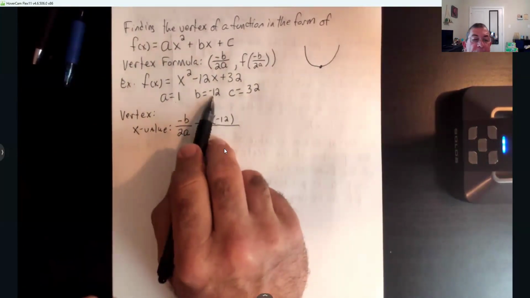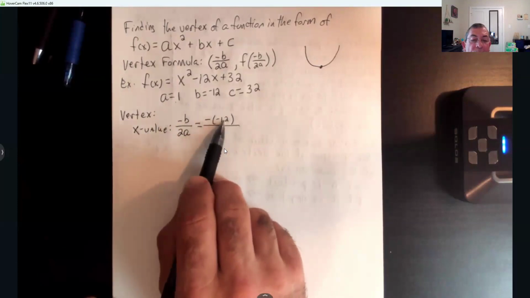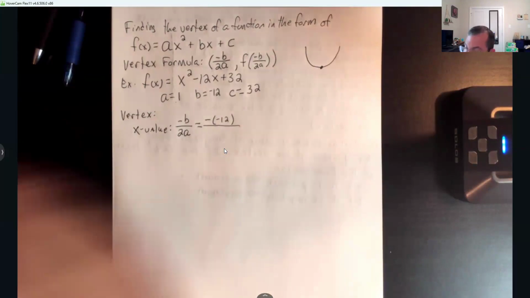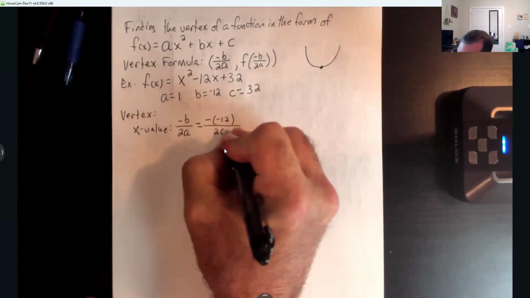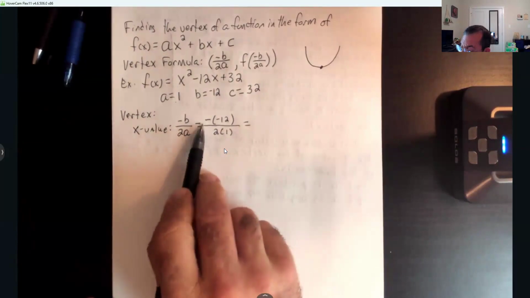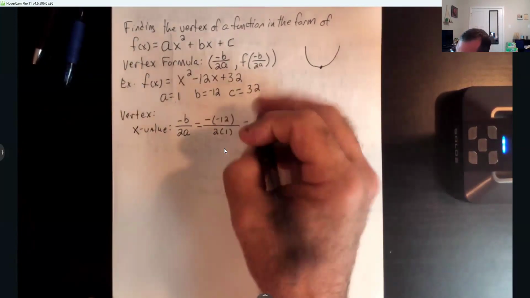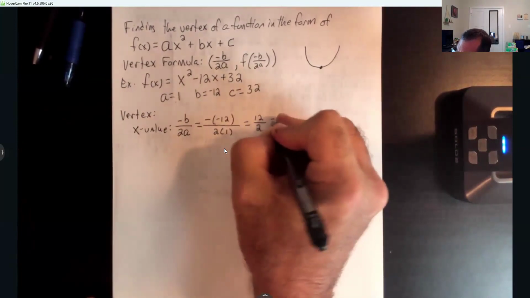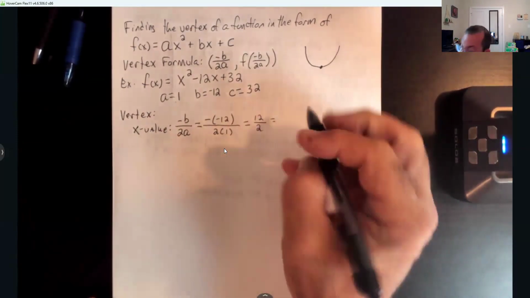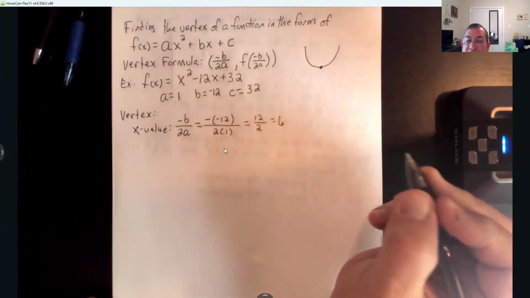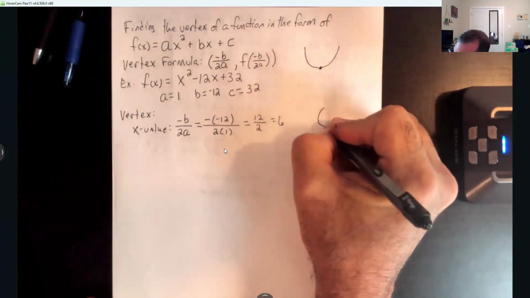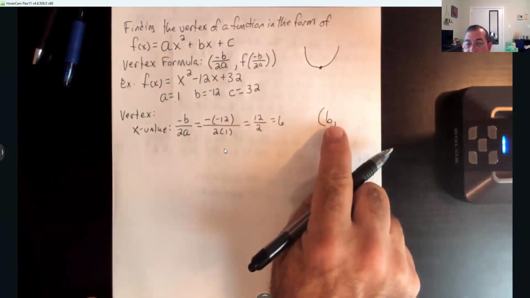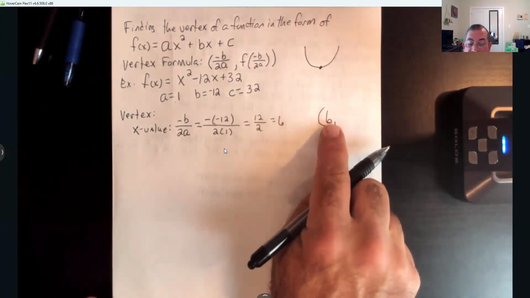If your b is negative, because of that negative, you're going to have two negatives here, okay? Now on the bottom, I got 2 times a, which will be 2 times my 1. Negative times negative makes a positive 12 on top. 2 times 1 is 2 on the bottom. And if we divide that, 12 divided by 2 gives us 6. So at the moment, I know the x value is 6.